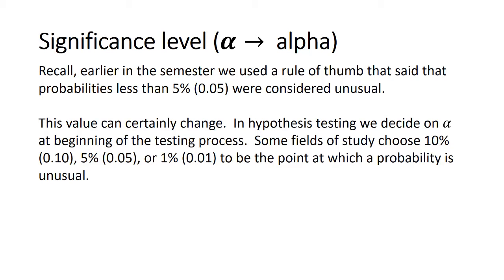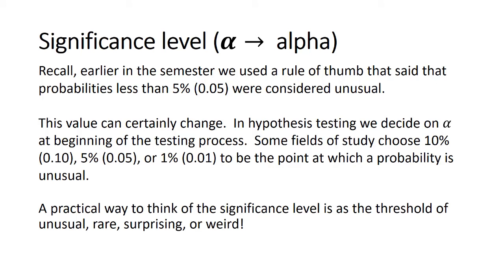So I like to think in a more practical way as a significance level of being the threshold of unusual or rare, surprising, weird. You might be able to come up with a few other words, but it's sort of a level at which if our probability is less than the alpha given, we have observed an unusual finding.